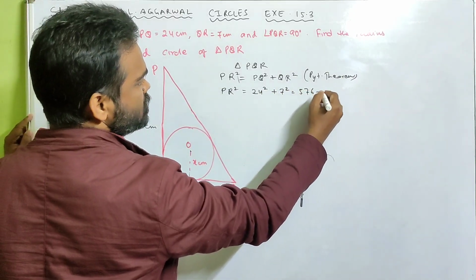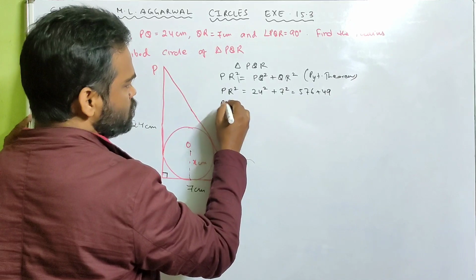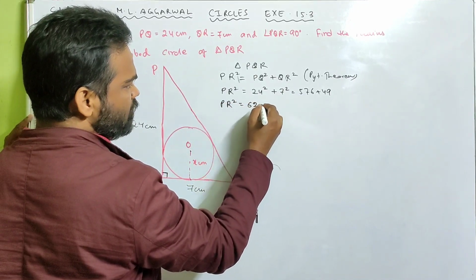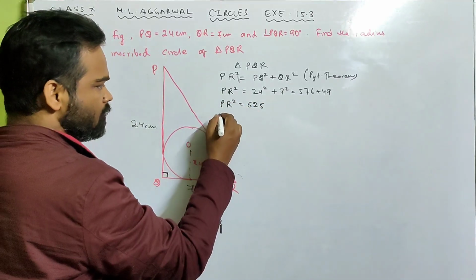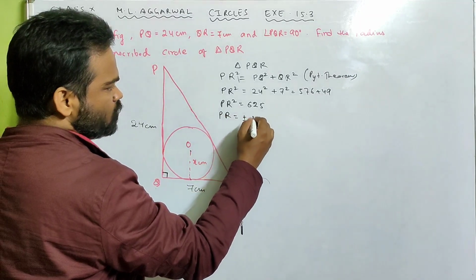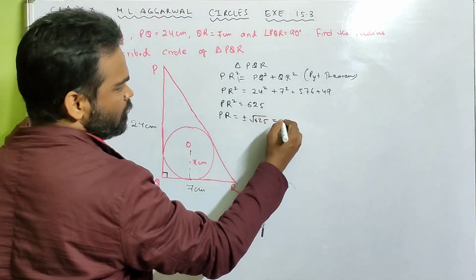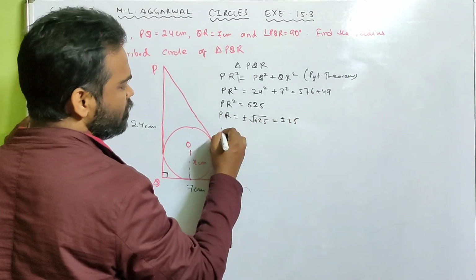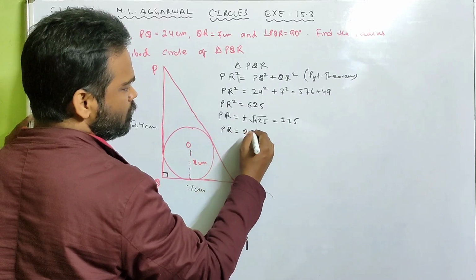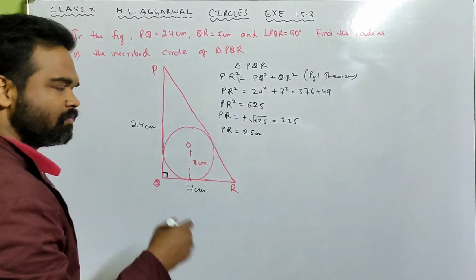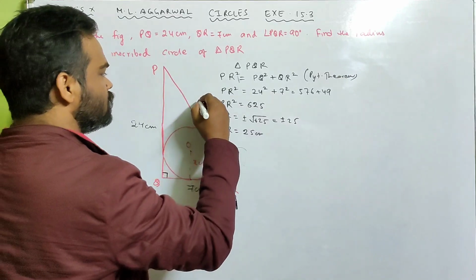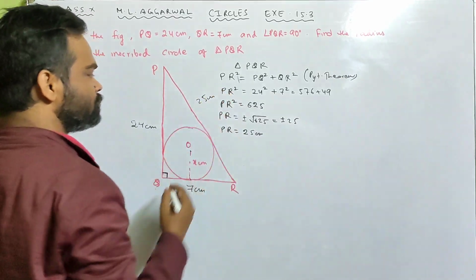That's 576 plus 49, so PR square is 625. So PR will be plus minus root 625, that's plus minus 25. We'll take the positive value because a side cannot be negative. This is 25 centimeter.